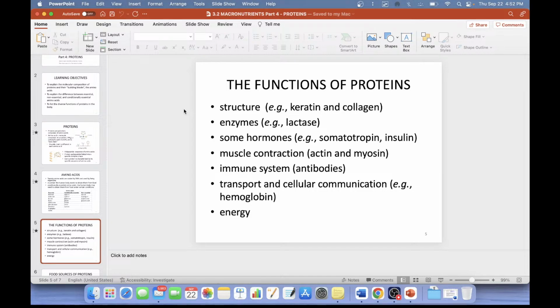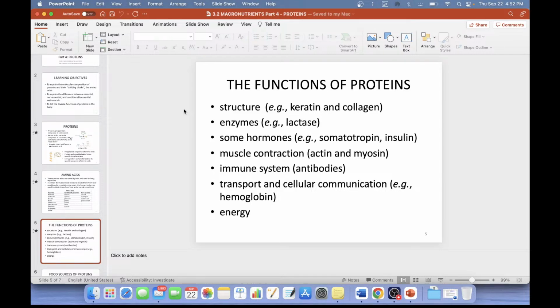For example, the enzyme lactase that permits the digestion of lactose, the sugar in milk. And people who have lost the ability of producing lactase. All of us are born with the ability to produce lactase, because as infants, we have a diet of milk, mother's milk, right?